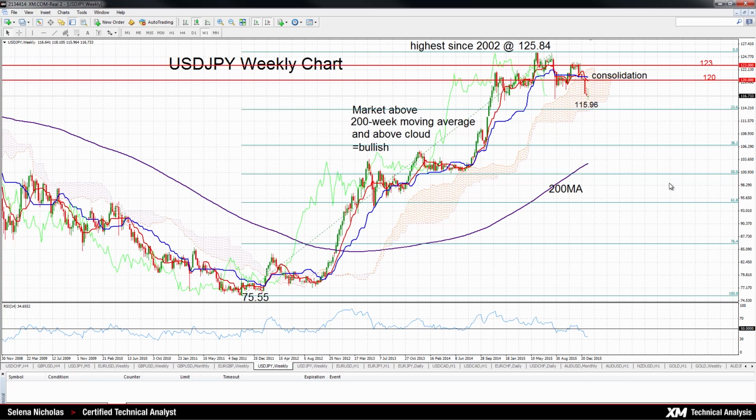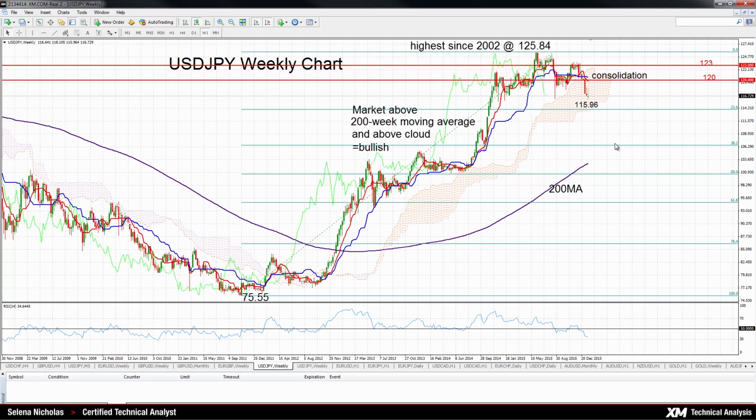Looking at technical indicators, Tenkan-sen, which is the red line, just recently crossed below the Kijun-sen line. This is a bearish signal, and RSI is falling. It's below 50, bearish territory. But overall, we would need to see stronger bearish signals to show a change in the current bias.